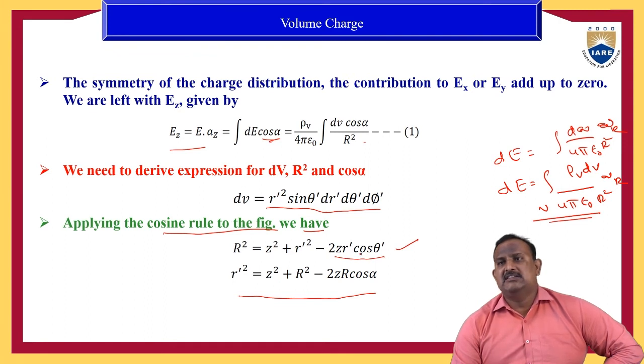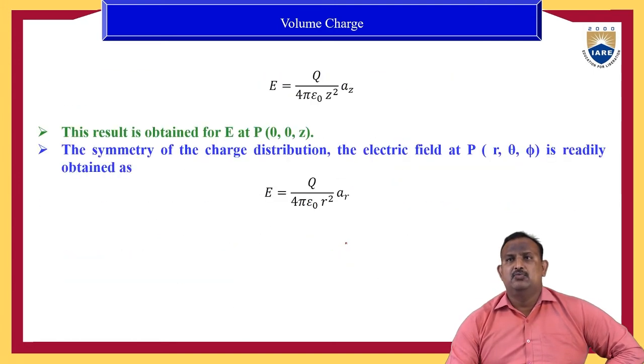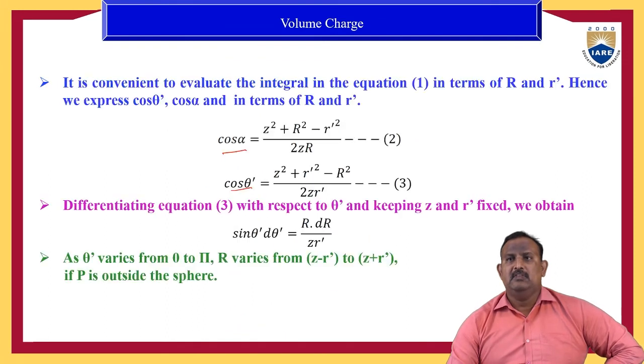Therefore, cos theta dash equals z squared plus r squared minus R squared by 2zr. Similarly, cos theta equals z squared plus r dash squared minus R squared by 2z r dash. So equation 3 is enough.